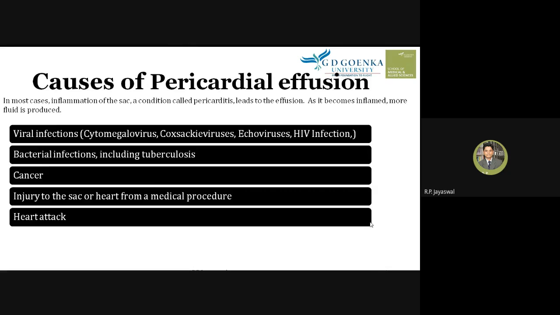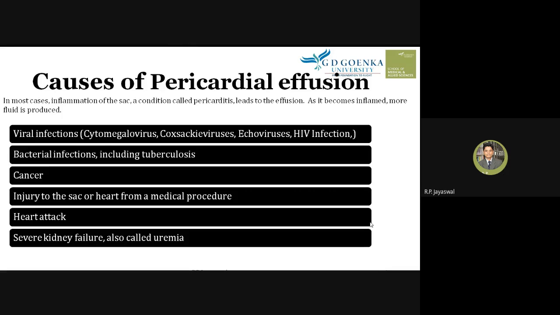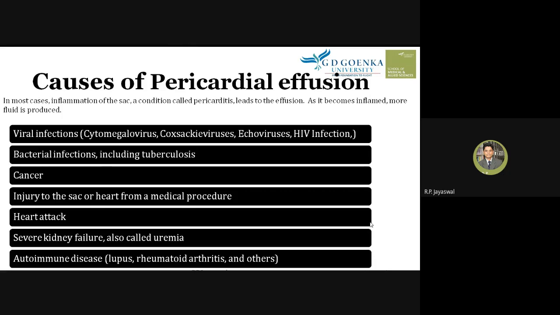Heart attack can also lead to pericardial effusion. Severe kidney failure, also called uremia, can also cause pericardial effusion, as can autoimmune disease.